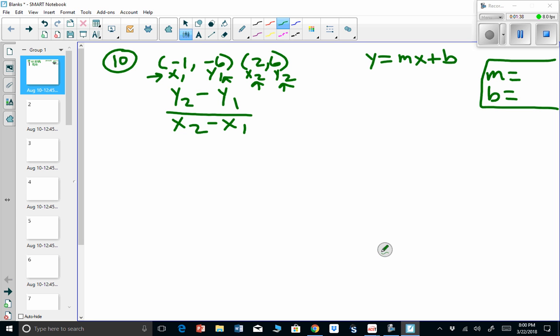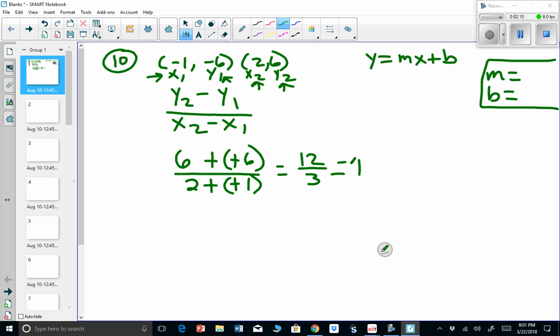So then we plug in the respective numbers into the formula. 6 minus negative 6 over 2 minus negative 1. You all know that subtracting a negative is the same as adding a positive, so we can just do this. So now it says 6 plus 6, which equals 12, over 2 plus 1, which equals 3. And when we simplify that, we get 4.